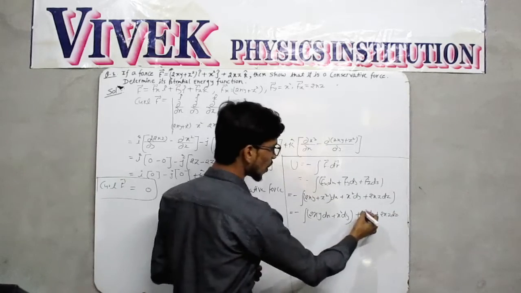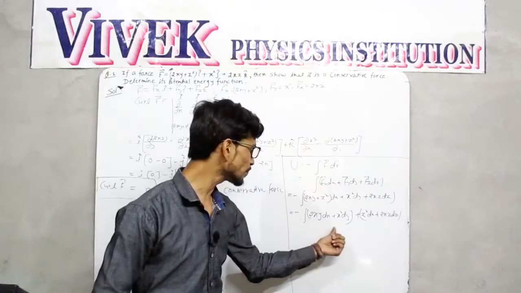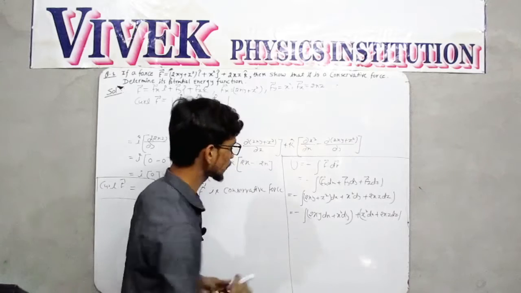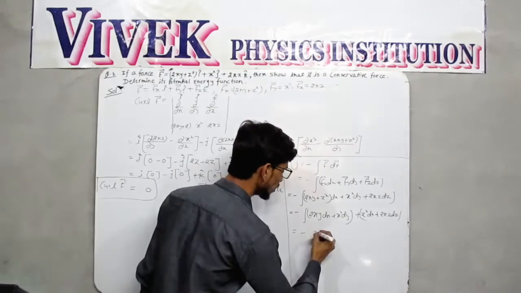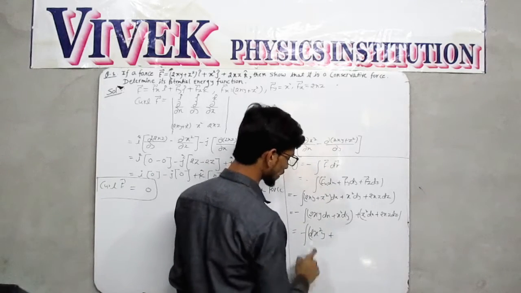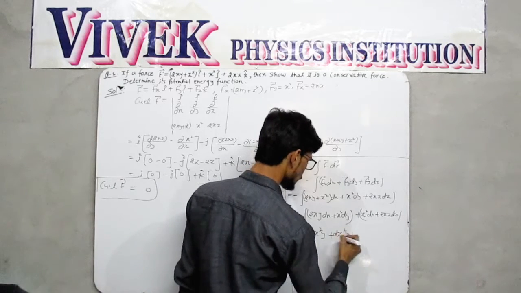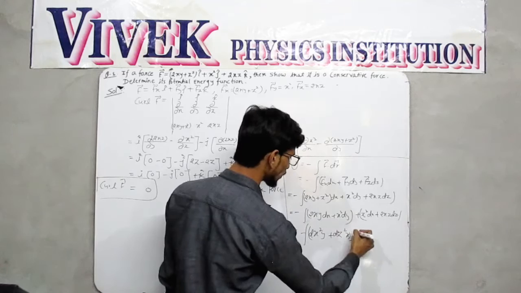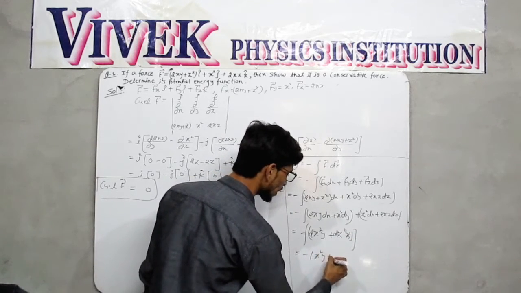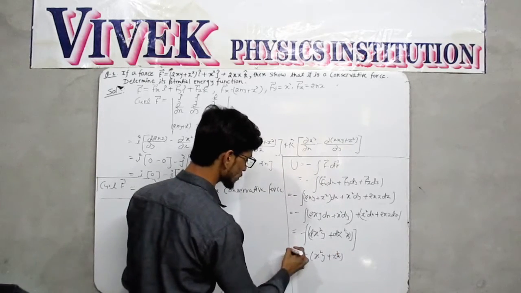You can see on the board that the first two terms are the derivative of x square y, and the other two are the derivative of z square x. So the derivatives cancel with the sign of integration, which gives us x square y plus z square x. So this is the potential energy function of the given force.